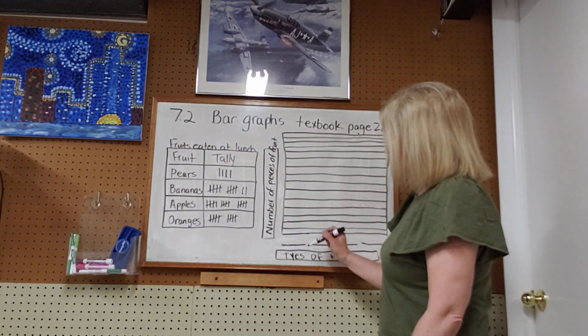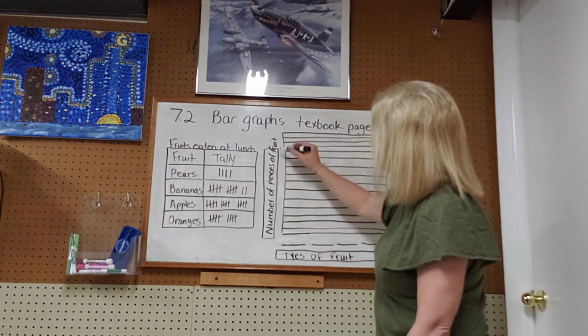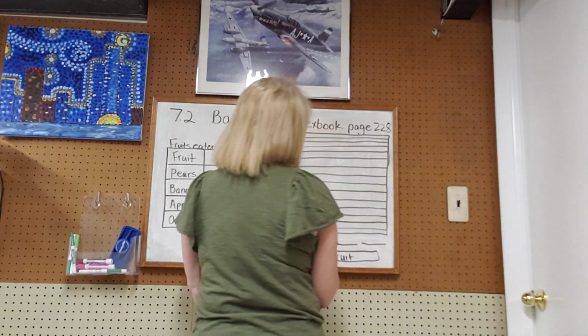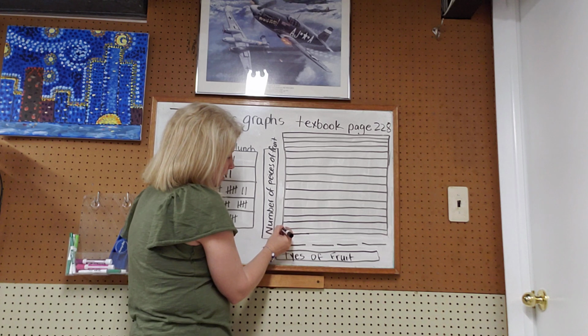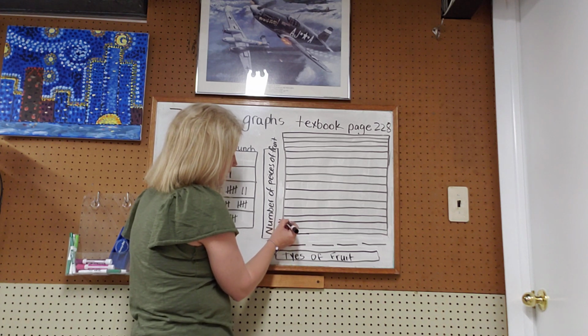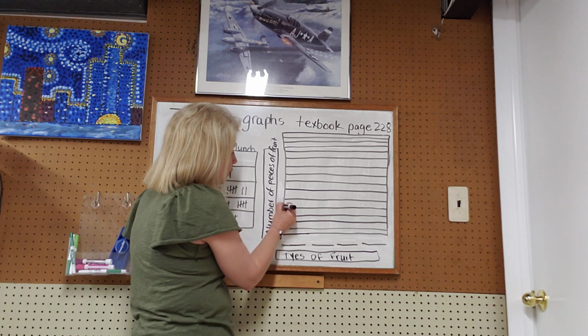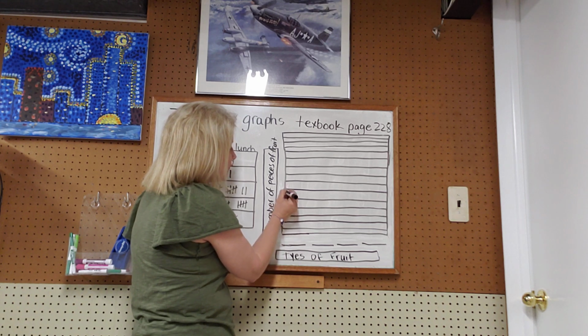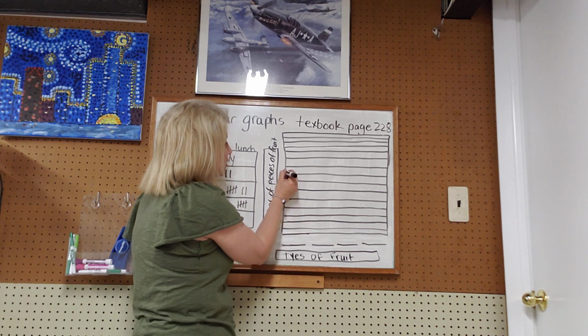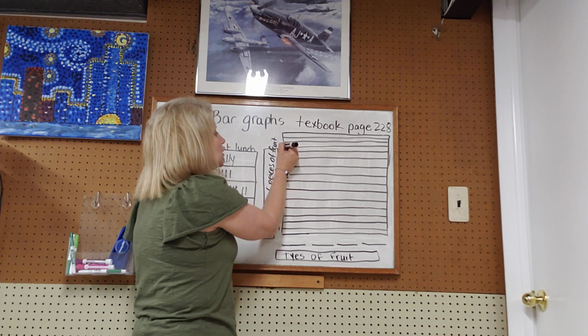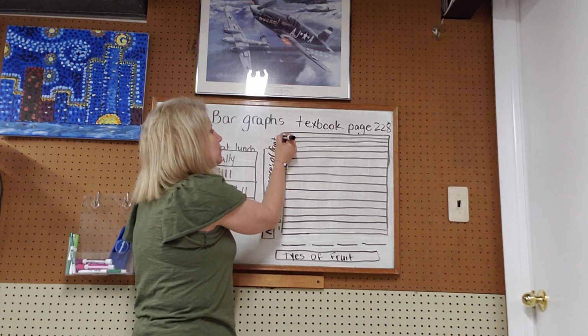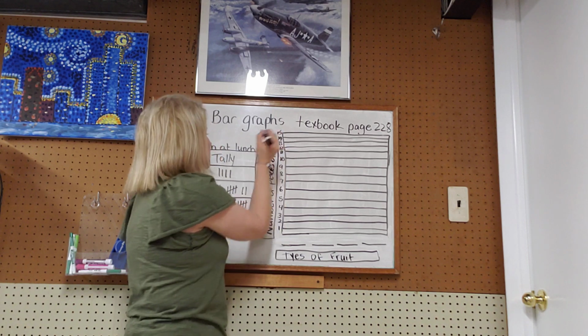So let's see. Since we put number of pieces of fruit over here, we're going to start and number it, okay? So always the bottom line is at 0. So then it's going to count up by ones: 1, 2, 3, 4, 5, 6, 7, 8, 9, 10, 12, 13, 14, and all the way to the top is 15.